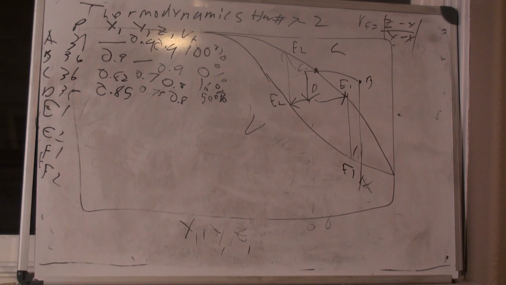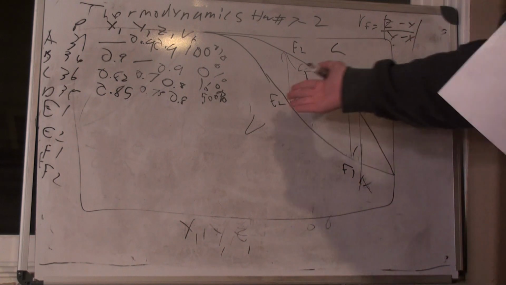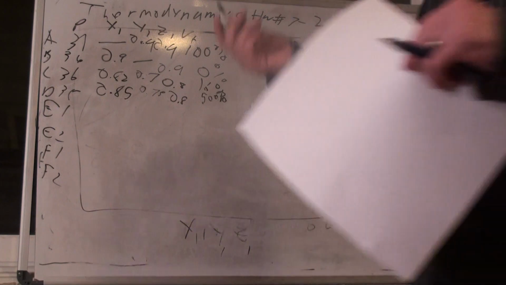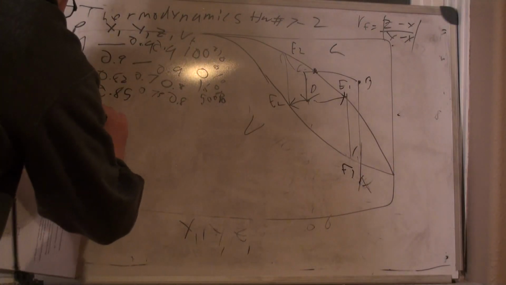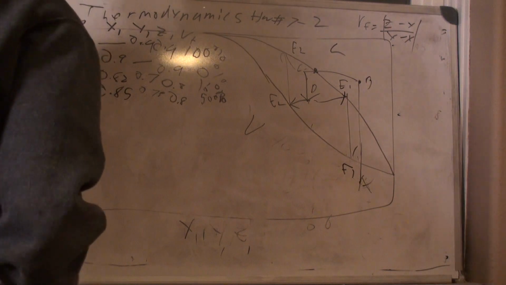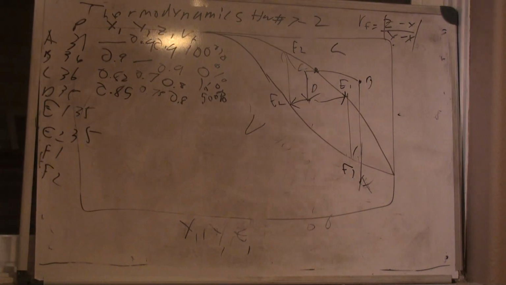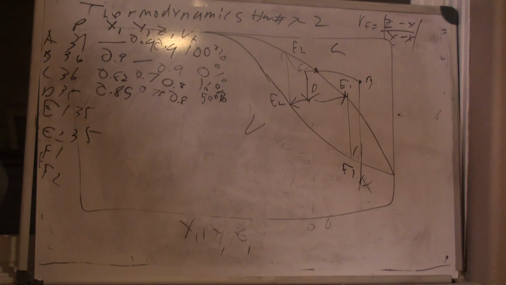Okay, and then I say I separate it. So I have an E1 and E2, which all have different things. They're still at the same pressure. They still have the same x and they still have the same y because I'm still at equilibrium and I'm still at the same pressure. If I know the temperature and I know the pressure, I have to know the compositions of both phases.